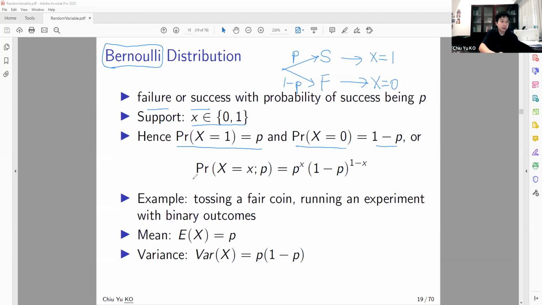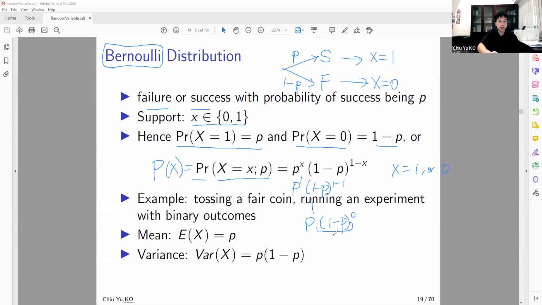Very funny. So this probability function, P of x, is equal to the small p raised to the power x, times 1 minus p raised to the power 1 minus x. X can only be 1 or 0. Just remember 1 or 0, it cannot be any other numbers. So in this case, if x equals 1, it would be p to the 1 times 1 minus p raised to the power 1 minus 1, which is the power 0.